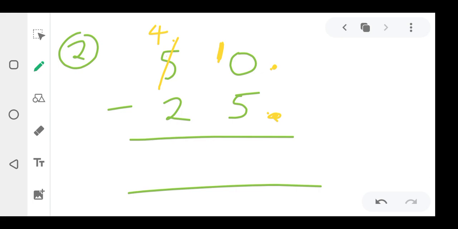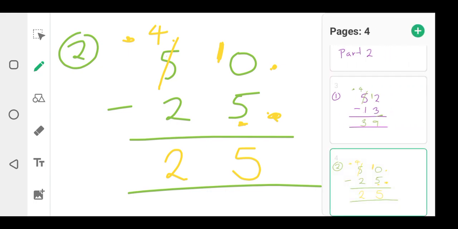So 10 on top minus this 5 here, I'm going to have 5, because from 10, I'm removing 5. And then 4 minus 2 gives me 2 as well. So it becomes 25. That's how you do the remaining ones.